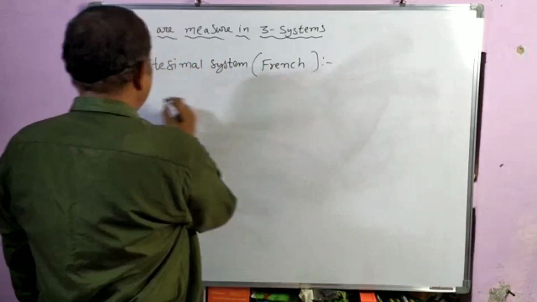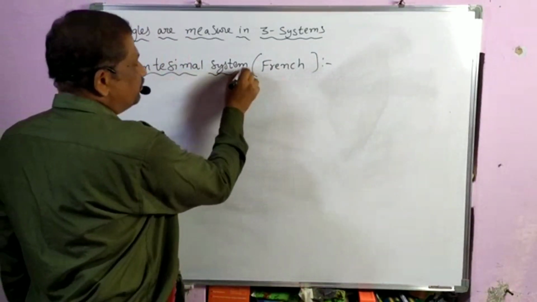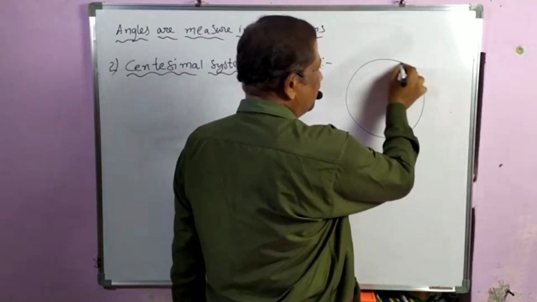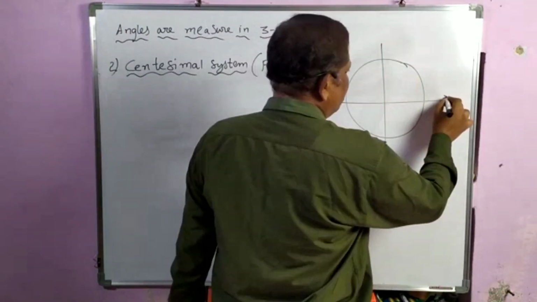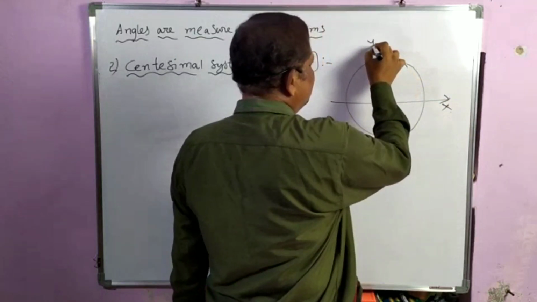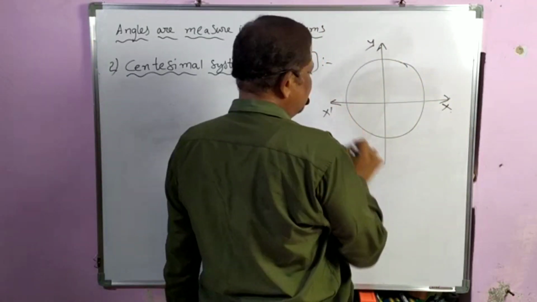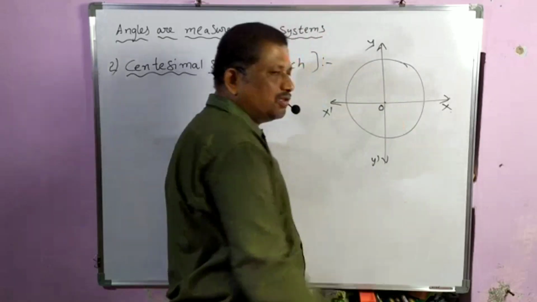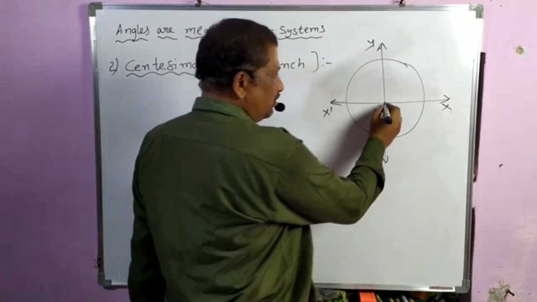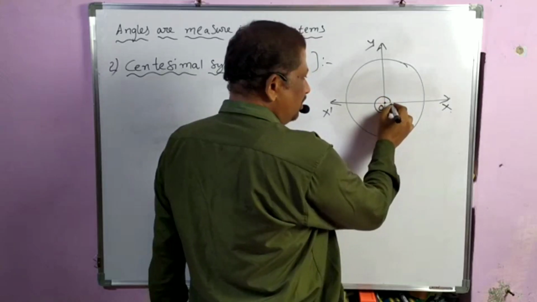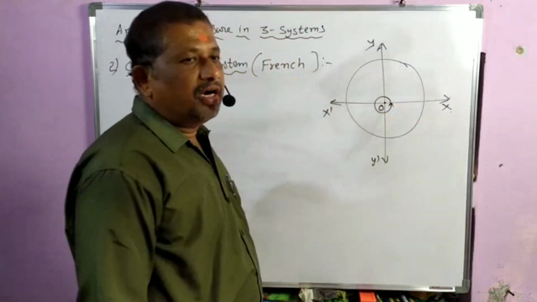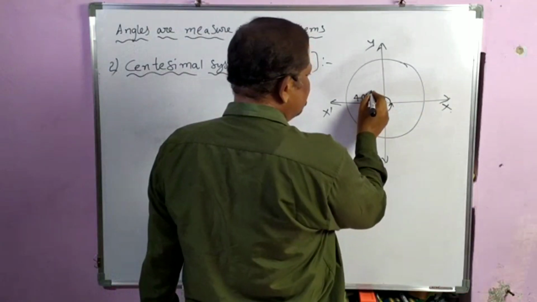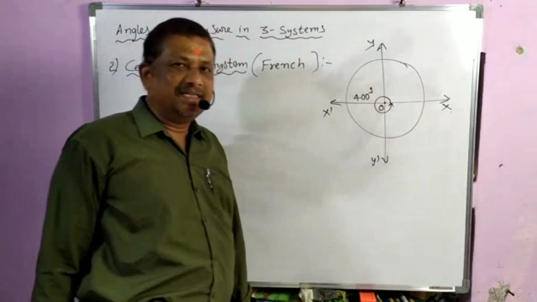So, in the centesimal system, if we take a complete angle along with coordinates x dash, y dash, it is the origin. This complete angle is divided into 400 equal parts. We call them grades.